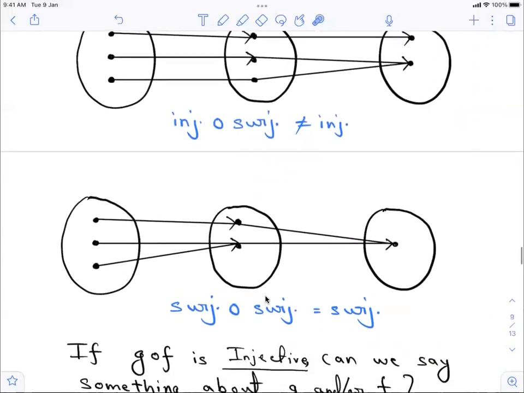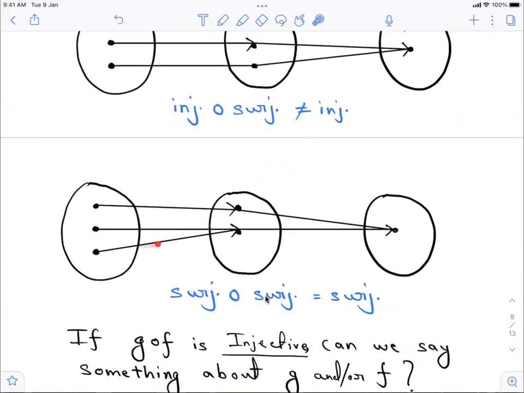How about composition of two surjectives? Composition of two surjectives is always going to give you a surjective. Why is that? You take any element in the final set Z. This is X, this is Y, this is Z as per our notations. Since G is surjective, it will have a preimage here.